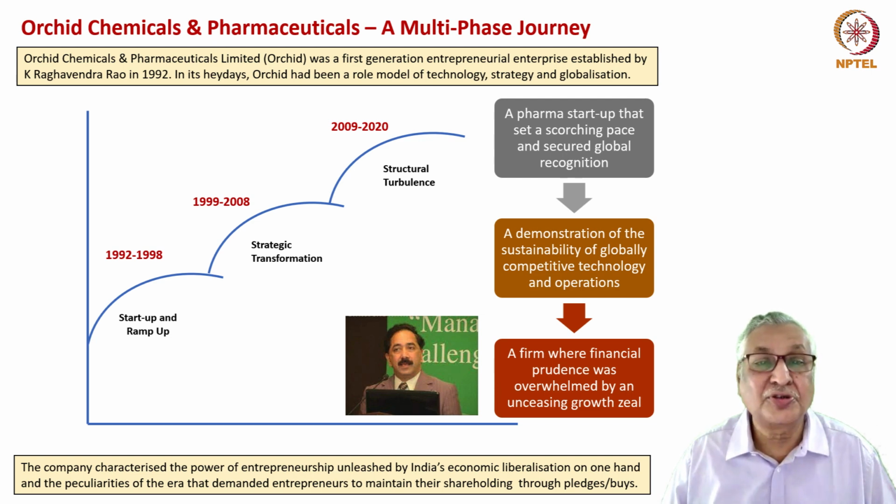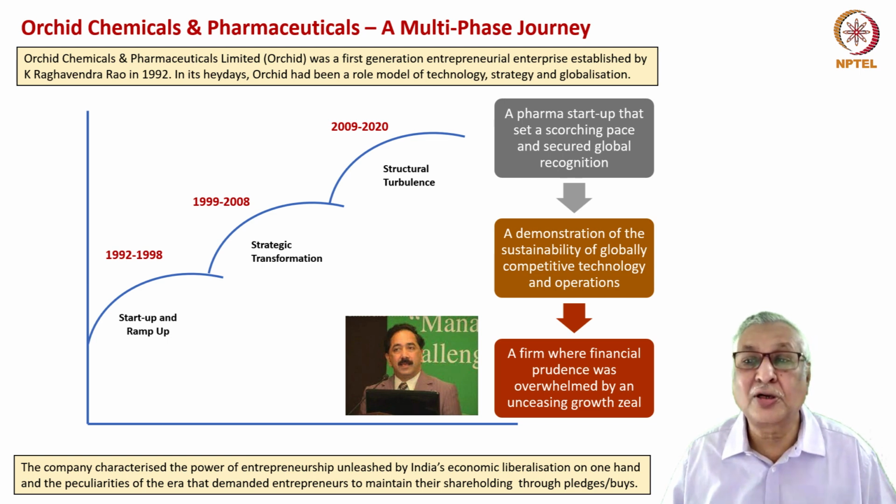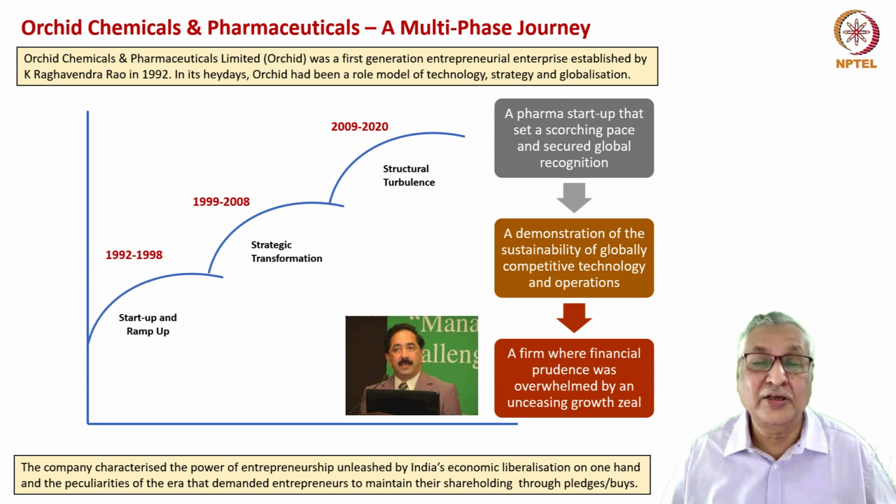Orchid Chemicals and Pharmaceuticals Limited, Orchid, was a first generation entrepreneurial enterprise established by K. Raghavendra Rao in 1992. In its heydays, Orchid had been a role model of technology, strategy, and globalization. If you look at the phases of Orchid, the years 1992 to 1998 pertain to the startup and ramp up phase.